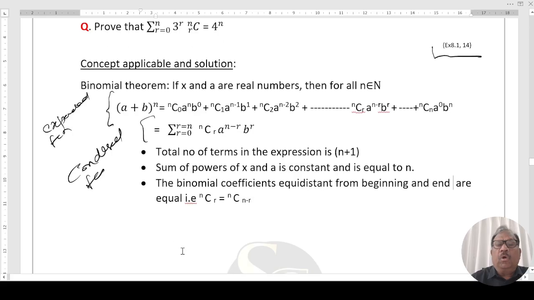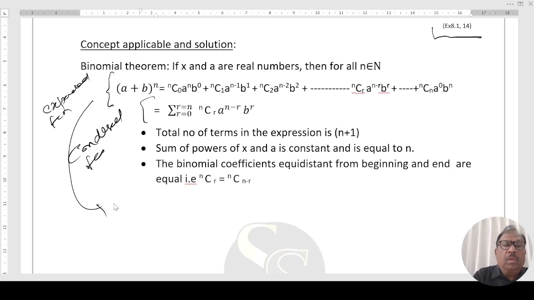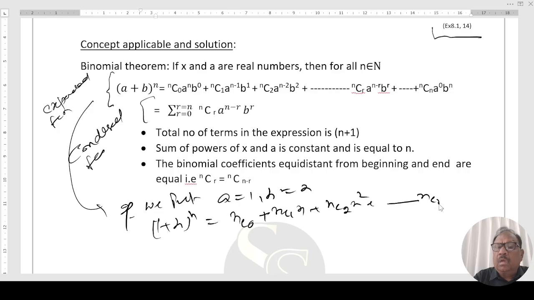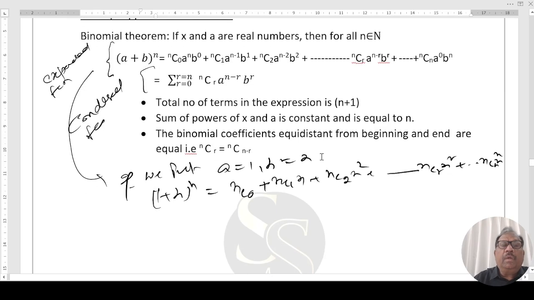Now, in the expanded form, if we put a equal to 1, b equal to x, then this will become (1+x)^n, equal to nC0 + nC1 x + nC2 x^2 + ... + nCr x^r + ... + nCn x^n.